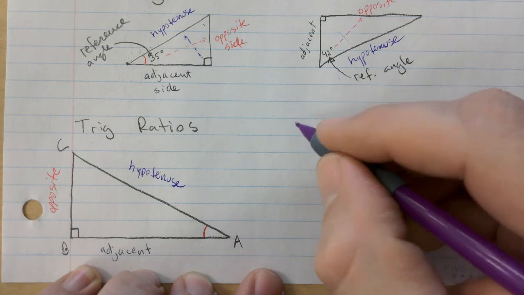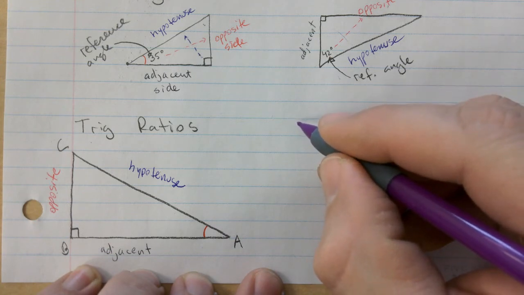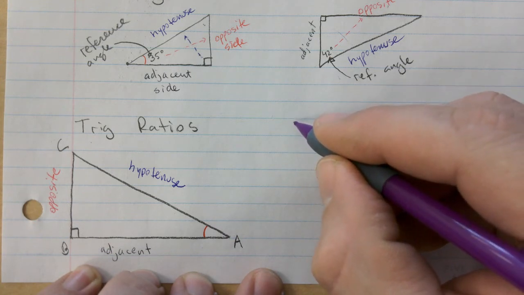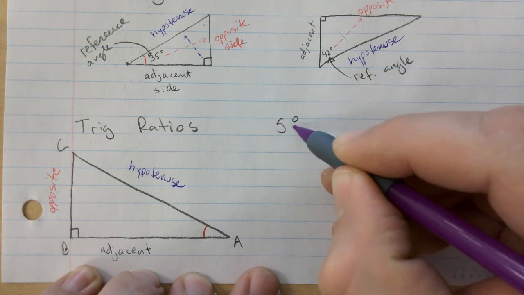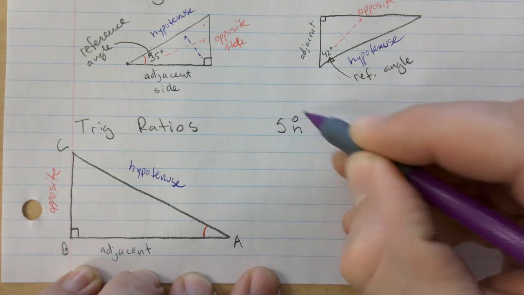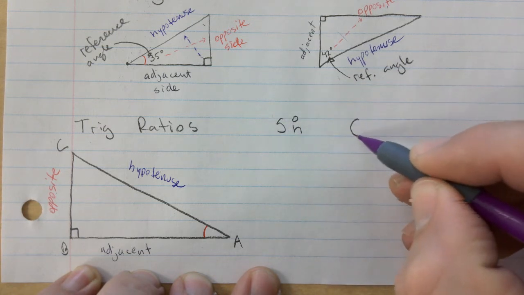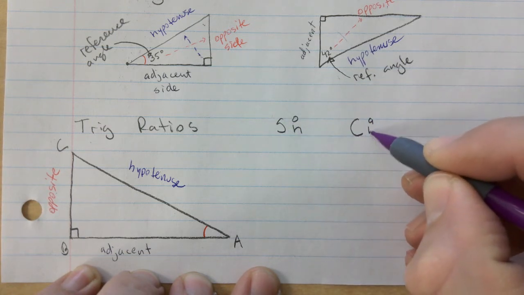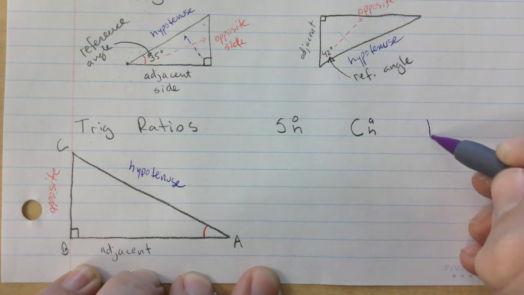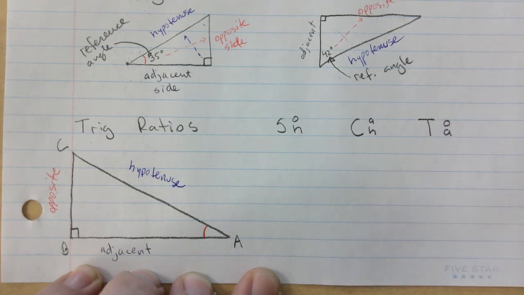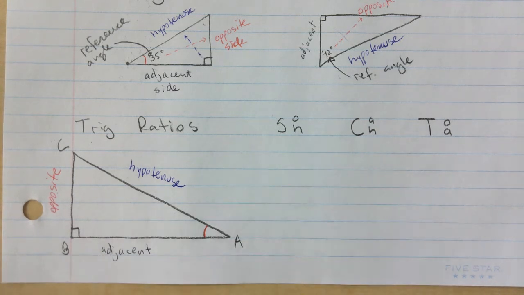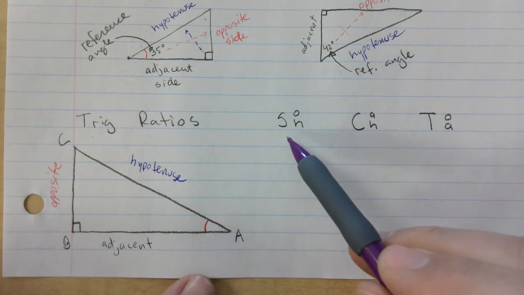Okay, so I want you to remember this. I write it like this: SOH CAH TOA. I know some of you have heard this before, and I write it like that. What does this have to do with anything?